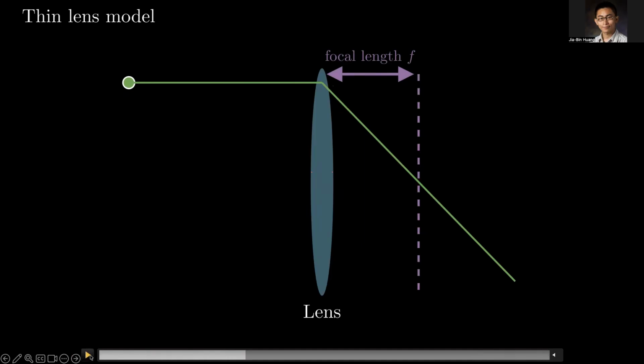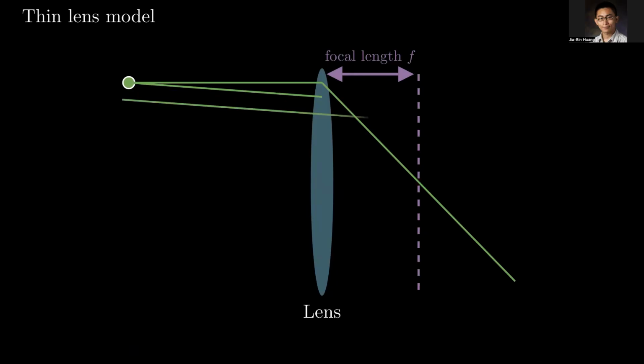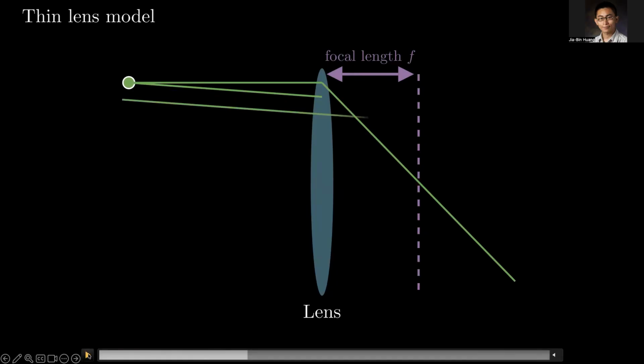Okay, let's try another one. What about this ray? We find the ray that is parallel to this direction but passes through the center. Now we know where these two rays must pass, and we find the intersection between them. So I know this must be here, and now I can draw the line.